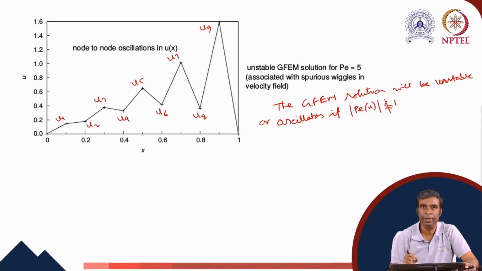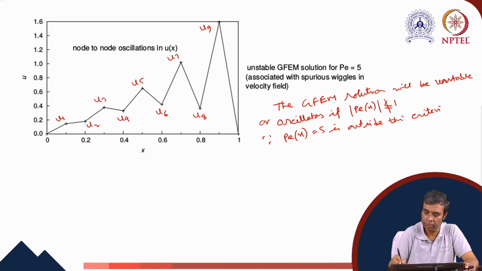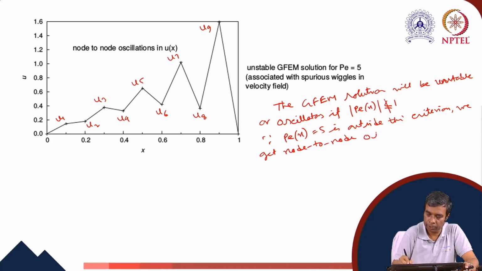Since PEX equals to 5 is outside this criterion, we get node-to-node oscillatory solutions.